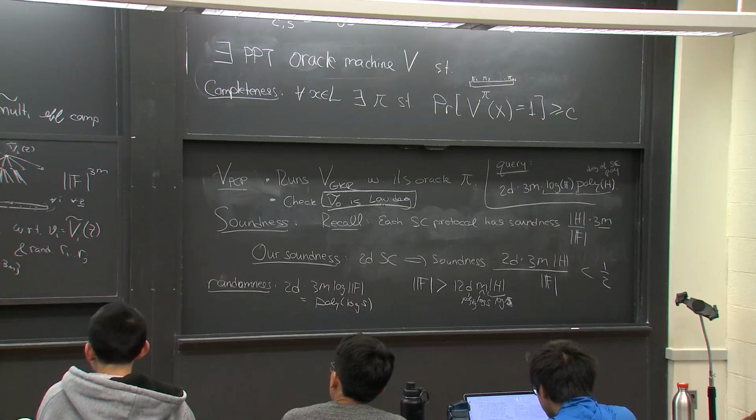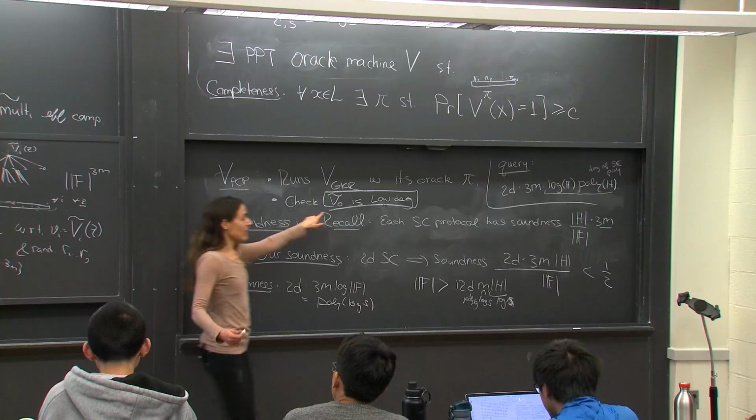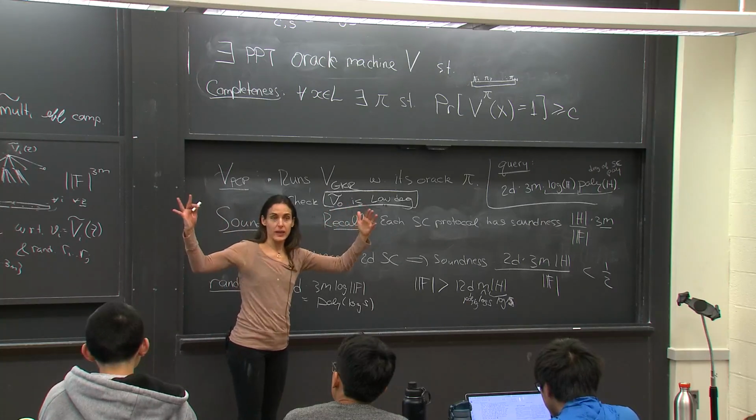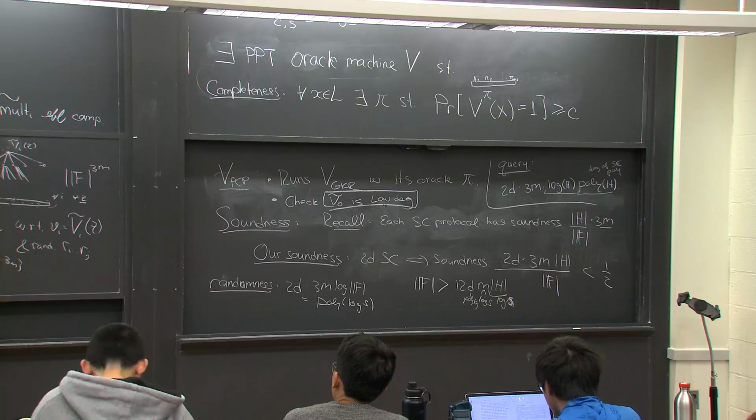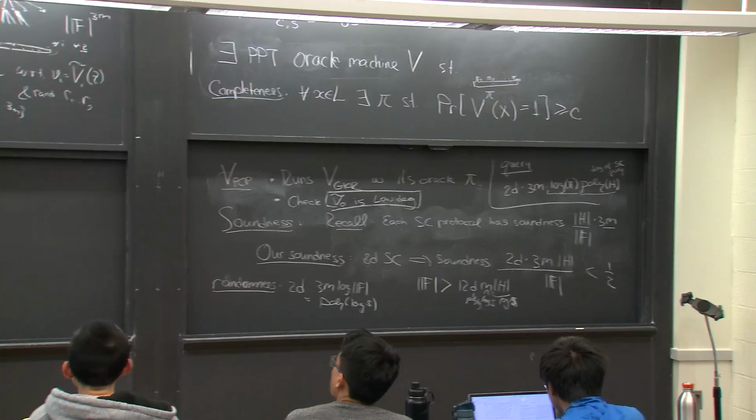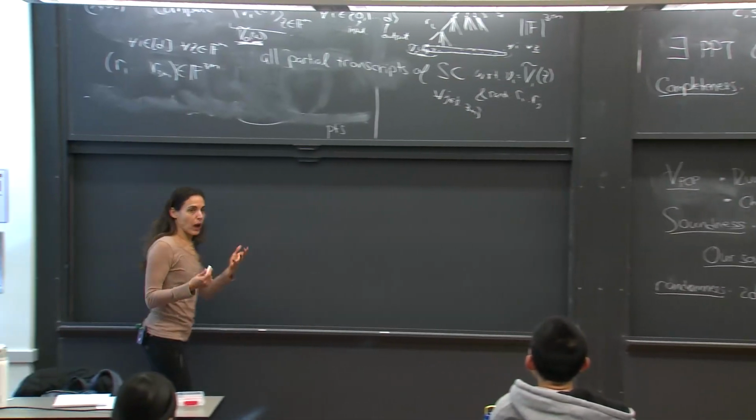And as we said, though, we do need to check that the witness sitting in the PCP is of low degree. So let me just do that quickly. How do we check it?